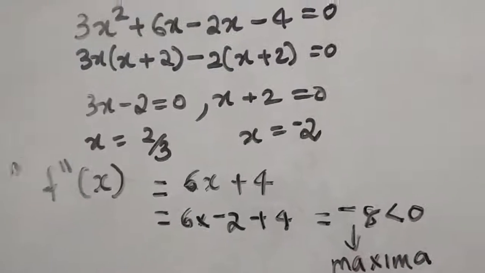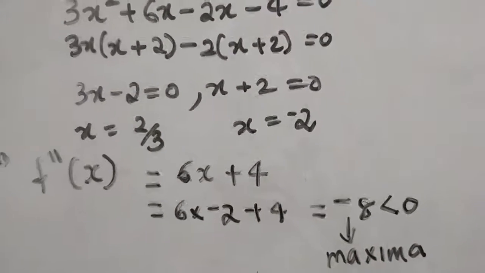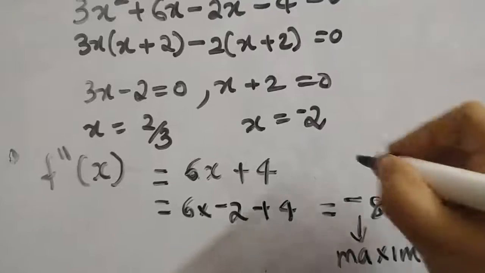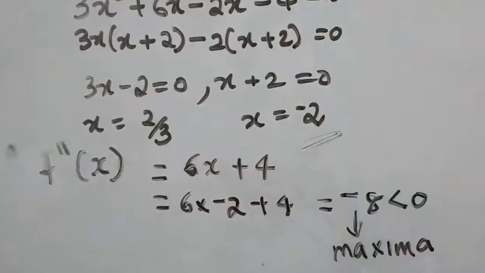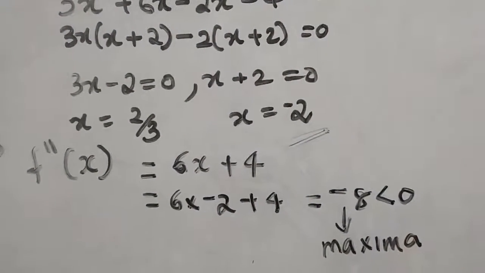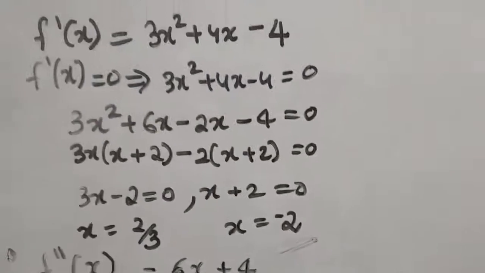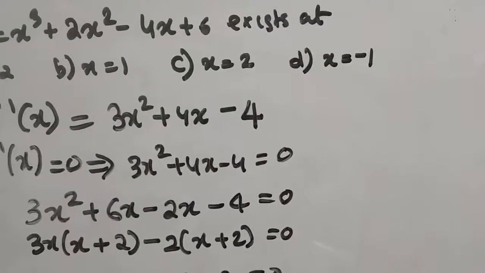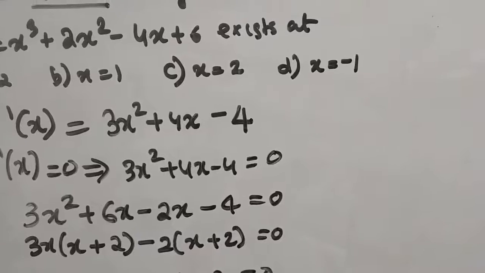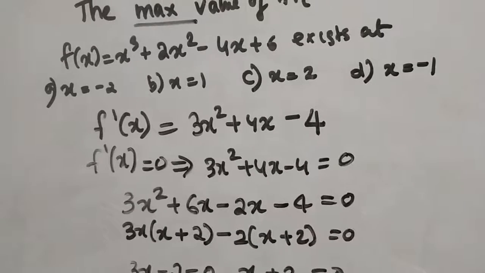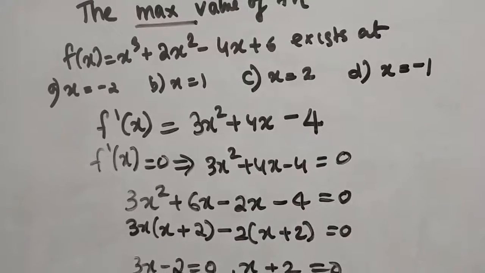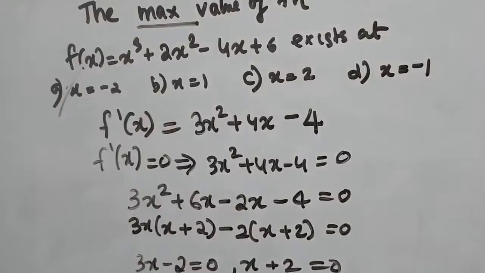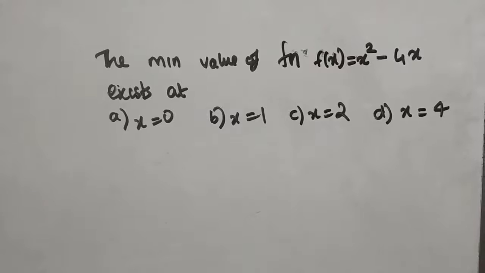And the maxima exists at x is equal to minus 2. So when you put minus 2, you are getting this maxima. So what is the option? The correct option is x is equal to minus 2. Correct answer is x is equal to minus 2.